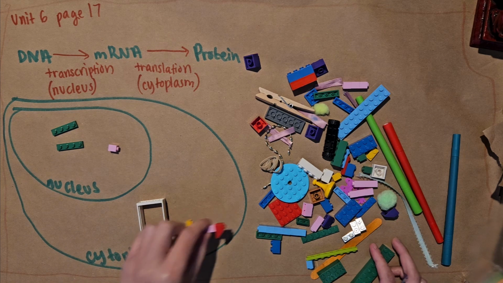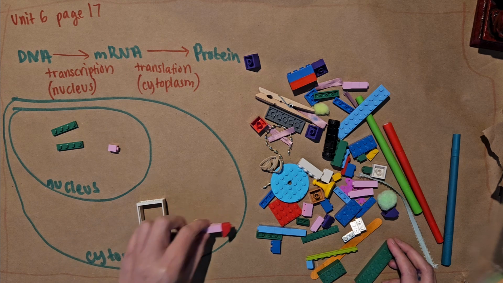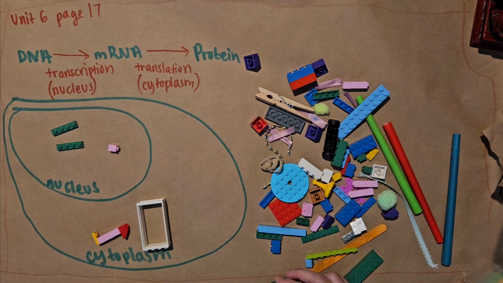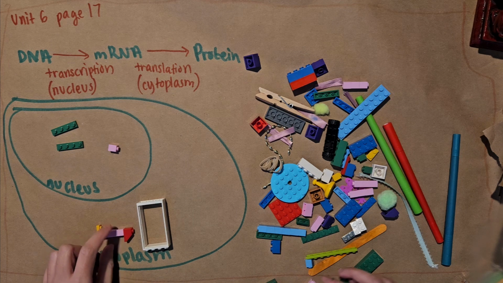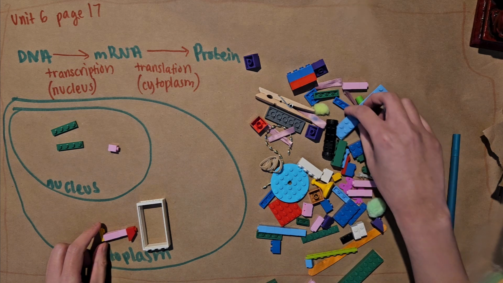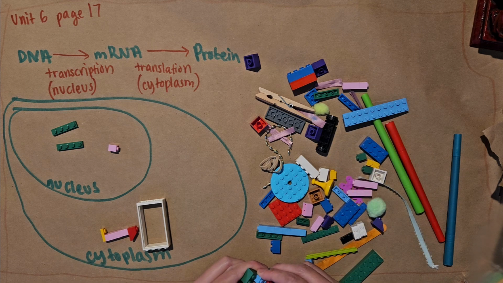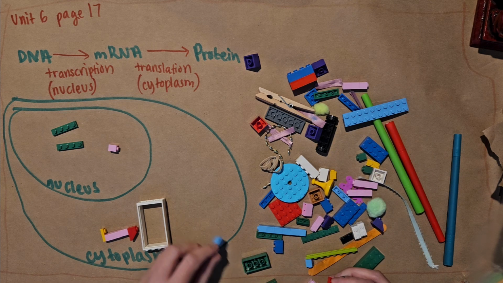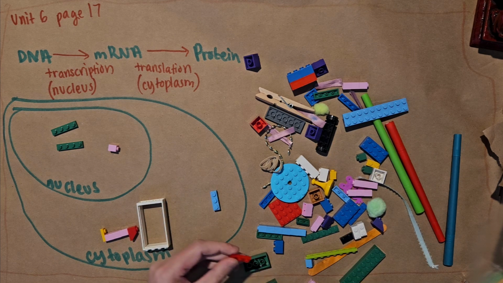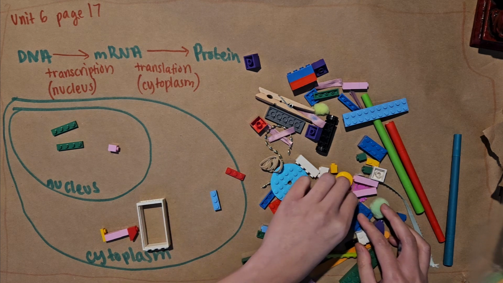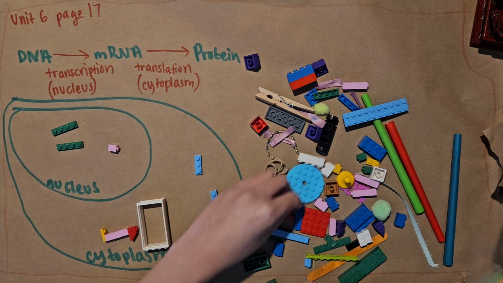So this right here, this goes in here and is read through like a zipper. And as it is read through, it's read through head first, and tRNAs, transfer RNAs, will come down. So let's say that these are the transfer RNAs.